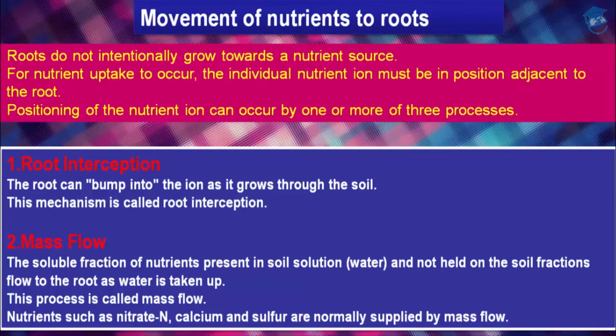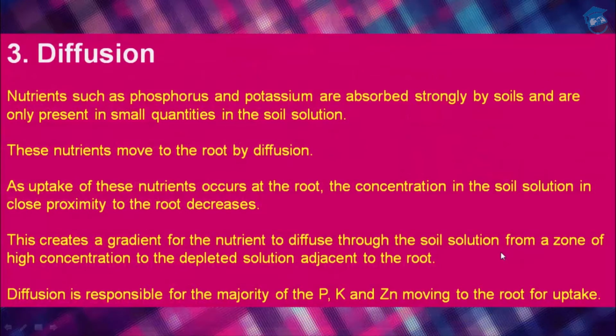Now, which are the nutrients that are normally supplied by mass flow, students? Nitrate, calcium, and sulfur. They are normally supplied by mass flow. Okay. And third is diffusion, students. Nutrients such as phosphorus and potassium are absorbed strongly by soils and are only present in small quantities in the soil solution.